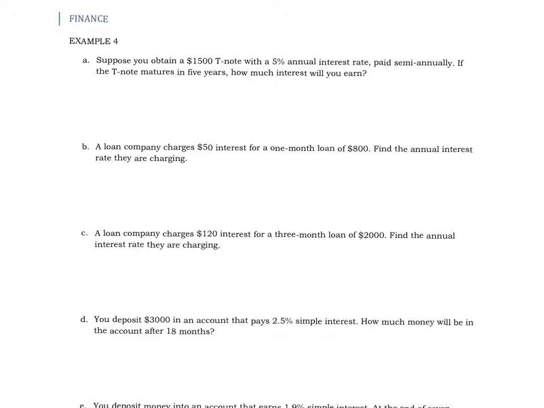If the T-note matures in 5 years, how much interest will you earn? Anytime you see a T-note, that's a type of bond, that's going to be simple interest. Interest is your principal times your interest rate times the number of years. So $1,500 at 5% interest for 5 years, you will earn a total of $375 interest.